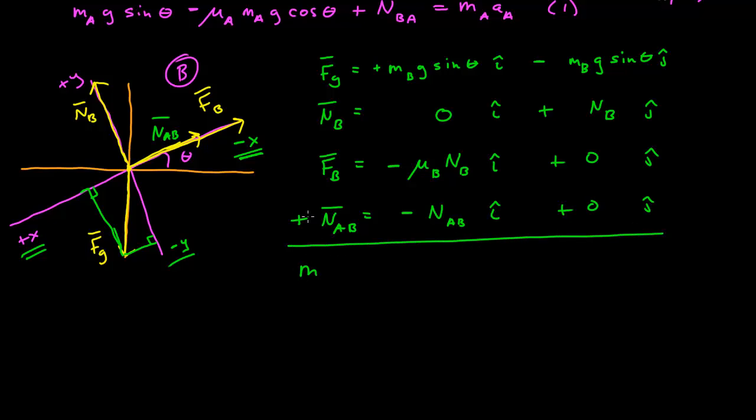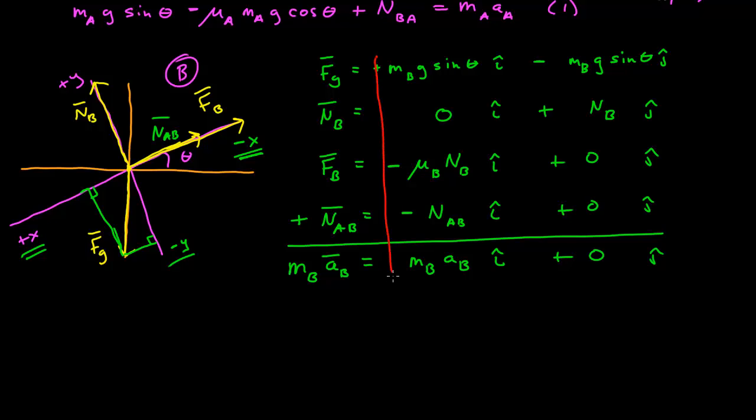And this entire thing, the sum of all the forces on mass B, is equal to the mass of B times the acceleration of B. Again, only one object. So I've set it up so the entire acceleration is along the positive x-axis plus 0 j hat.